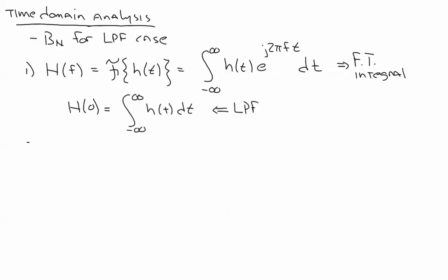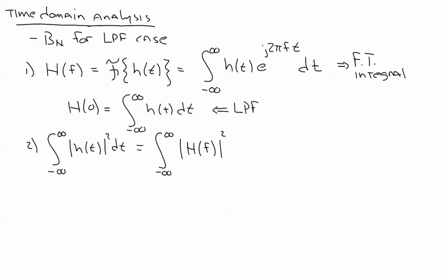The second thing I'll recognize is that we recall Parseval's theorem. Parseval's theorem says that the integral from minus infinity to plus infinity of the absolute value squared of my impulse response equals the integral from negative infinity to plus infinity of the absolute value squared of my transfer function.